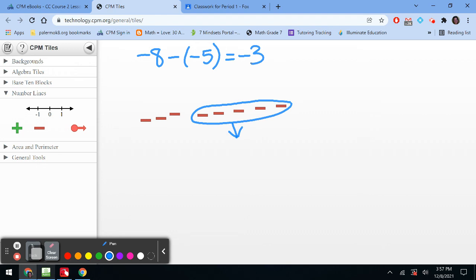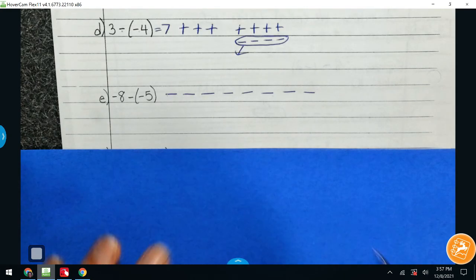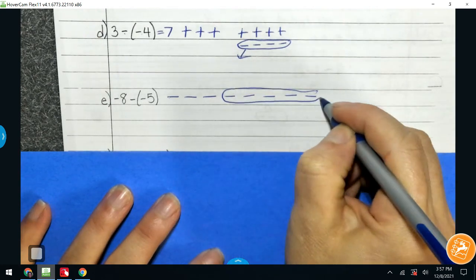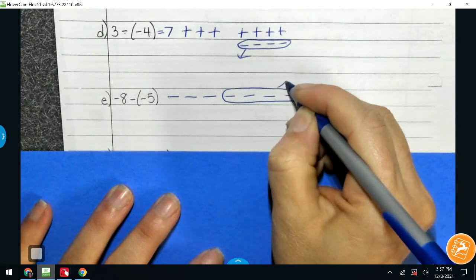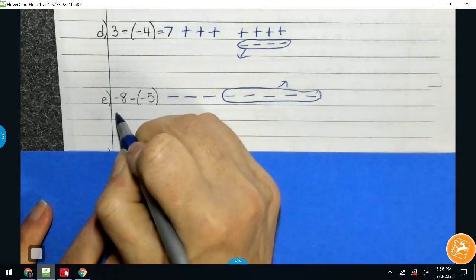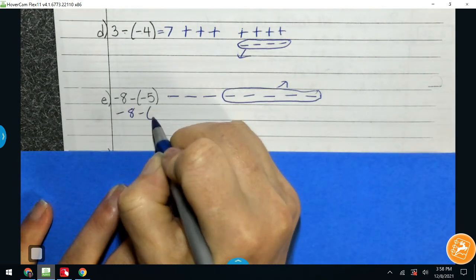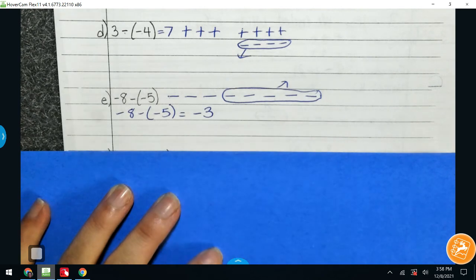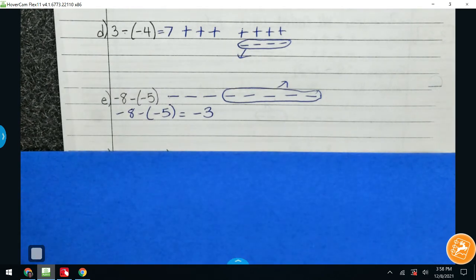So on my paper, I'm going to do the same thing. 1, 2, 3, 4, 5. Peace out, homie. And I didn't give myself enough room, so I'm going to rewrite it so that I have my number sentence or my equation. Okay.